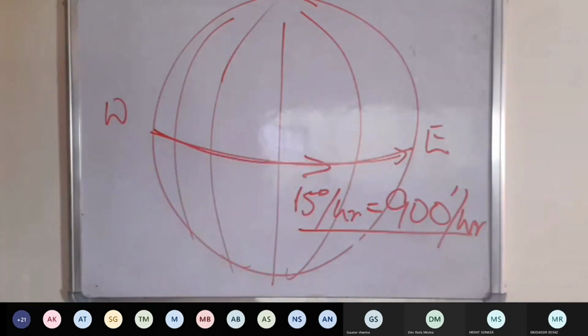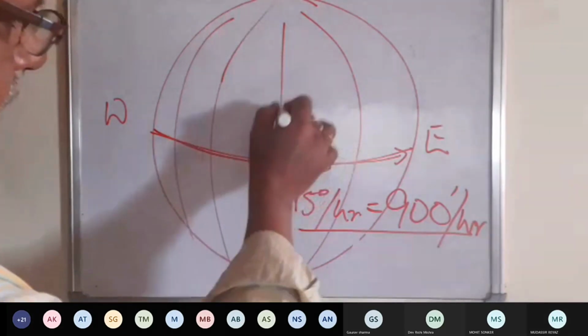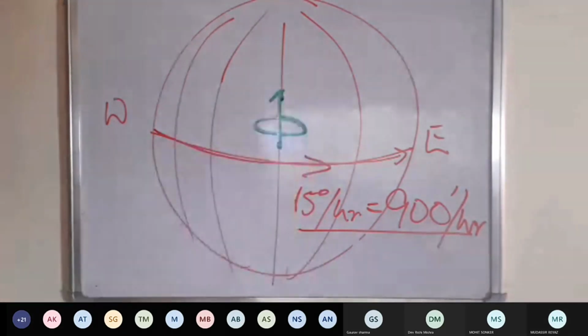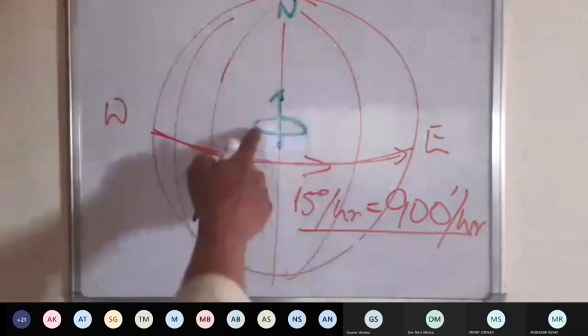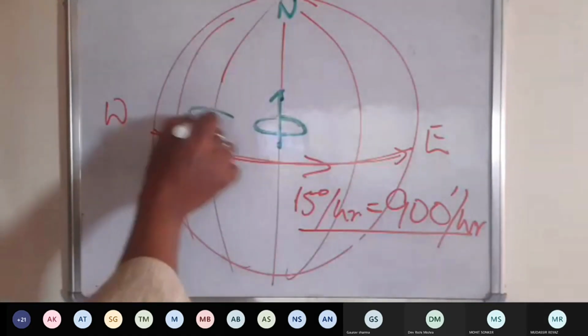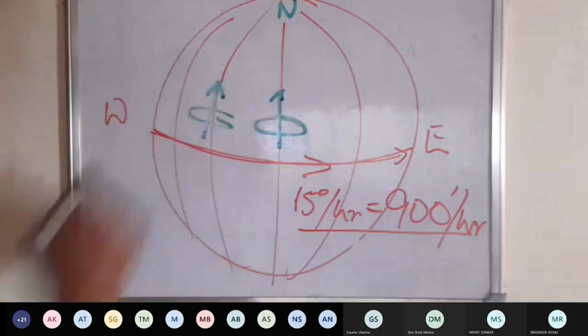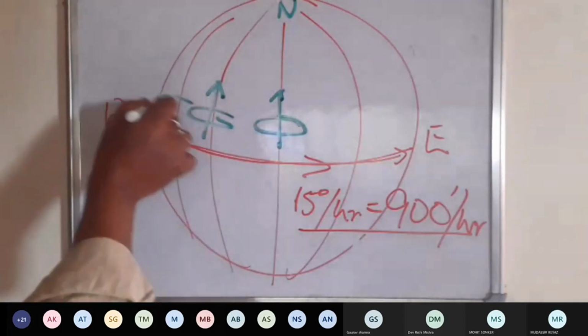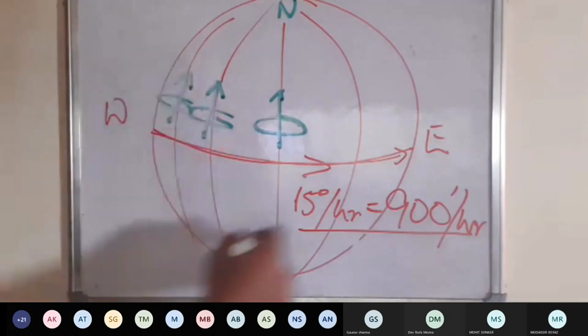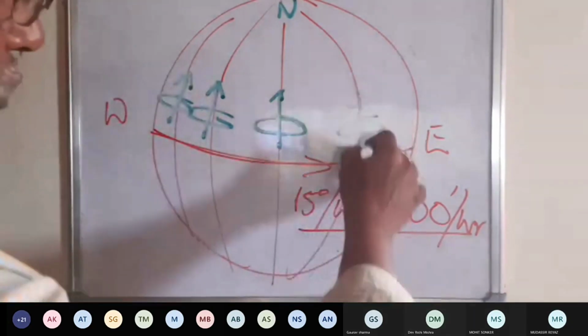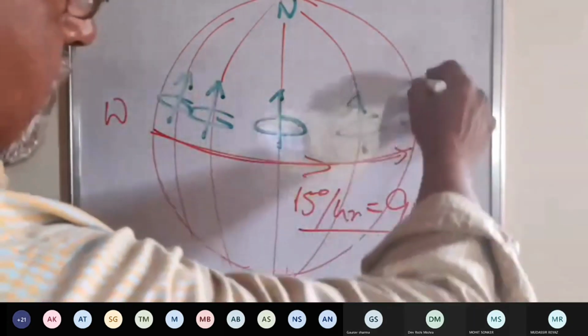If we have a gyro compass, which is well stabilized, with damping and everything, then wherever it is located, it looks towards the north. If it is here, it looks towards north; if it is here, it still looks towards north.